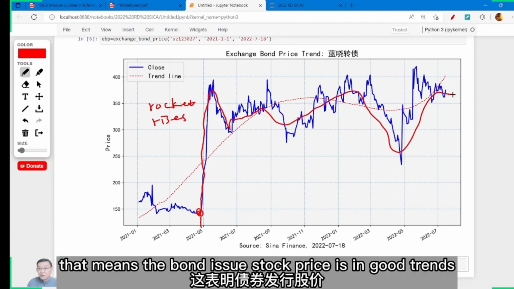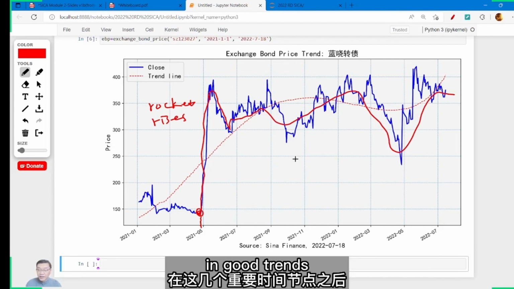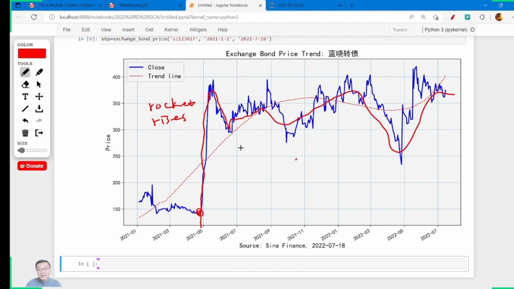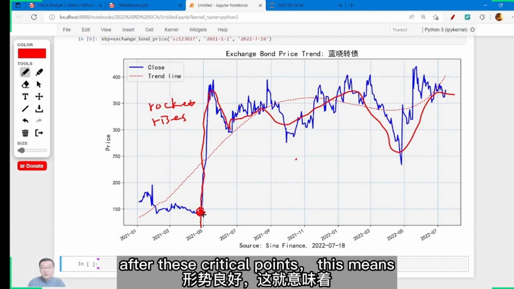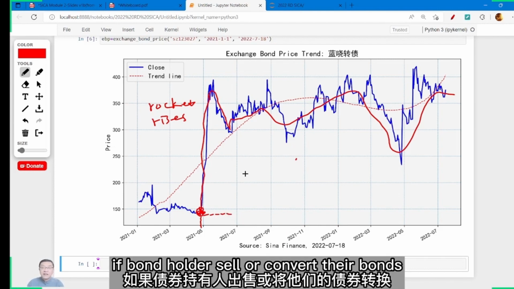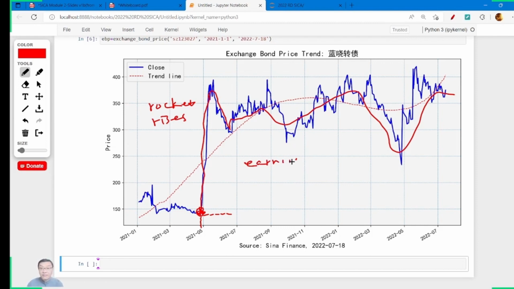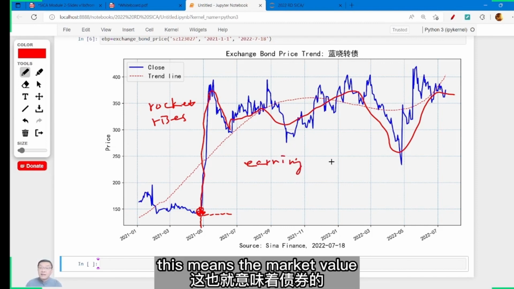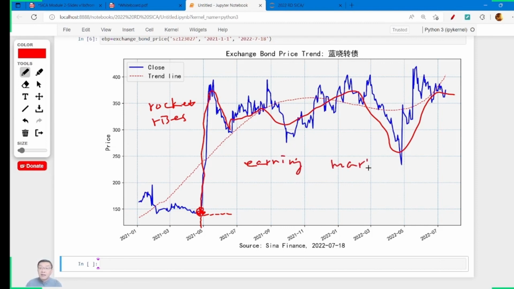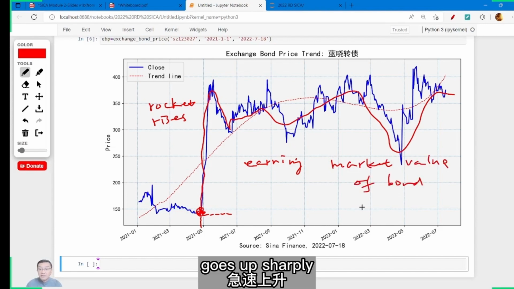That means the bond issuer's stock price is in good trends. After this critical point, if bondholders sell or convert their bonds into stocks, they will have good earnings. This means the market value of the bond goes up sharply.